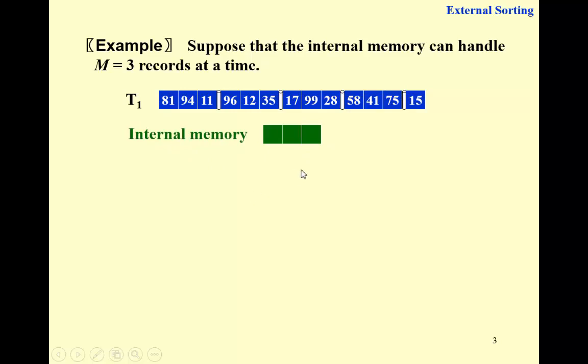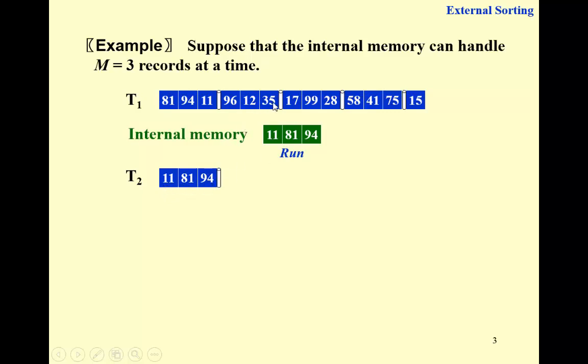Okay, so what we do is first we will load those numbers from the tape to the internal memory one by one and sort them using any algorithm like quicksort or whatever, to obtain a so-called run. Okay, a run is defined to be a sorted sublist. So after obtaining a run, we will then write this run to another tape. So this is where we write the first run.